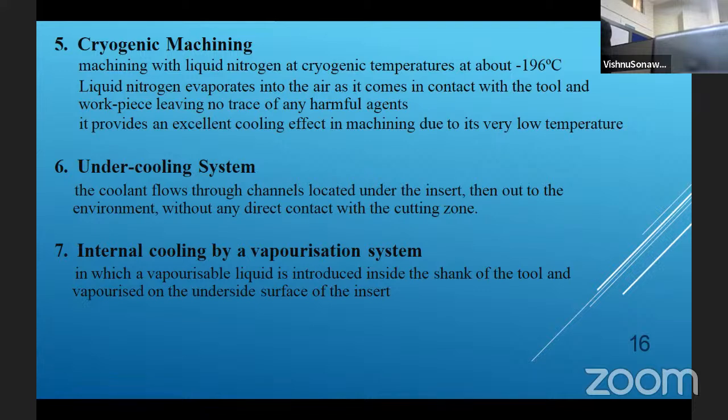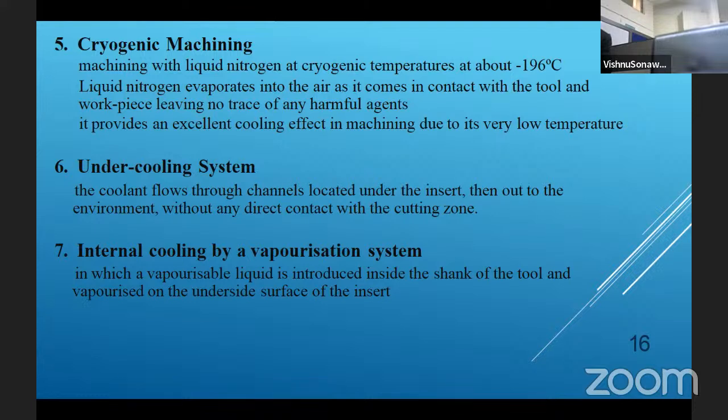Here this is the mix. It is in the form of mist, also called an aerosol. Under this mist, it will be supplied through the nozzle at the cutting zone. And then the internal cooling system by vaporization: the vaporizable liquid is introduced inside the shank of the cutting tool, right?